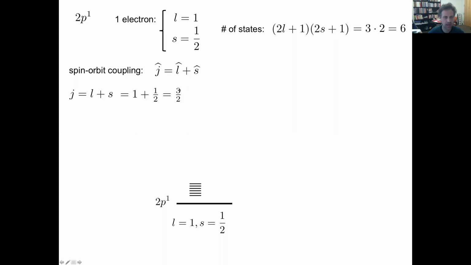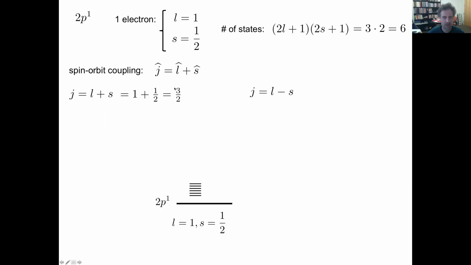Now, if this is 3/2, I can actually do a couple of computations. The other combination is L minus S. And in general, as we will see next time, the way in which you can combine 2 sources of angular momentum is simply the sum, that's the highest possible value, their difference, which is the lowest possible value, and everything in between in integer steps. That's the so-called Clebsch-Gordan series, and we will consider that next time. But for now, we only have 1 particle, 2 sources, which means I can only add and subtract.